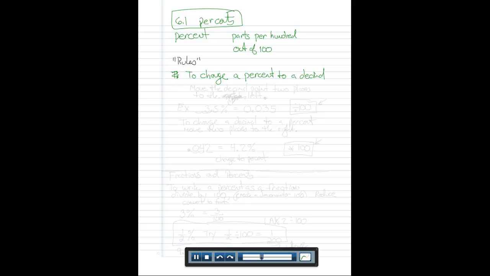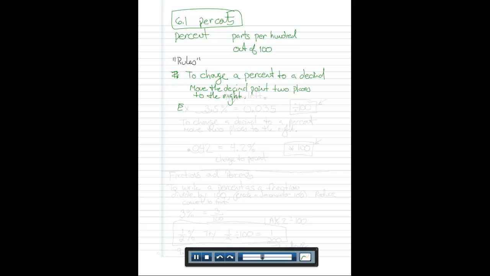But as a rule, to change a percent to a decimal, you move the decimal point how many places? It's always going to be about 2. The word percent means 100. Move the decimal point 2 places to the right.